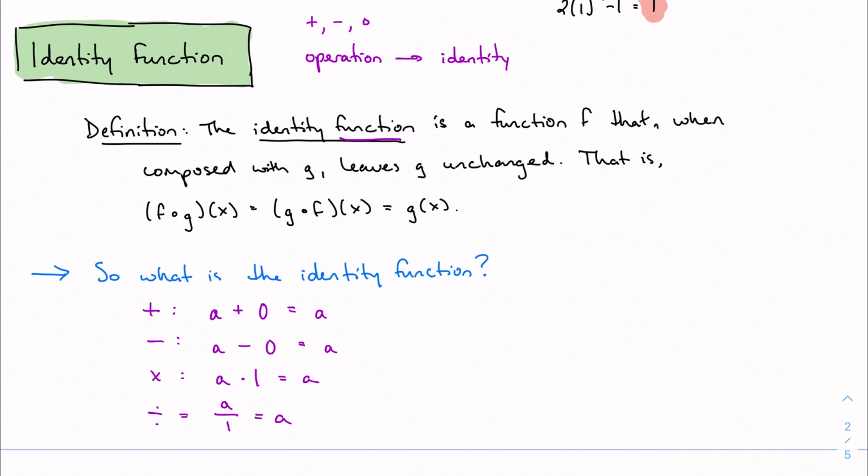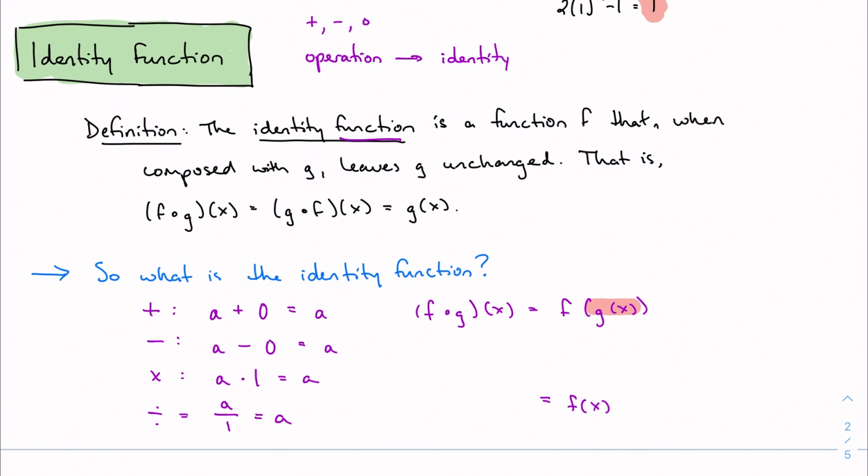So what function could I compose with another function in order to leave that function unchanged? If I think about f of g of x here, whatever I do, something has to happen so that eventually I just end up with f of x.